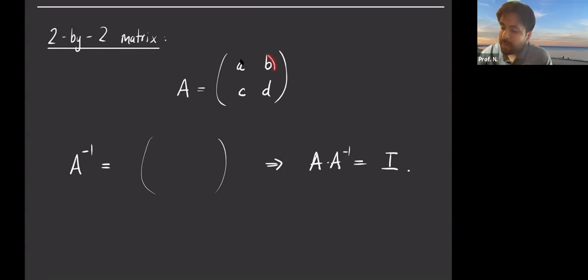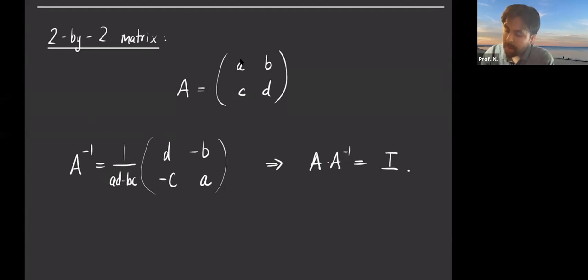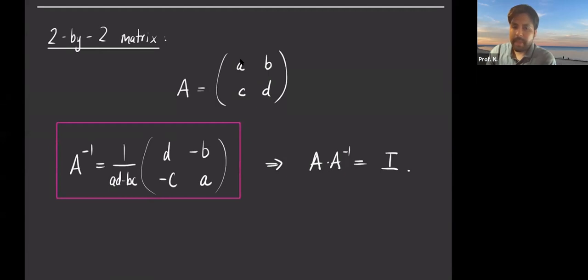I'm going to rearrange these letters in such a way that when I multiply them out, I get ones on the diagonal and zeros everywhere else. So without making it too crazy, this is what the inverse looks like. So for any 2x2 matrix, if it's invertible, then the inverse has this form.